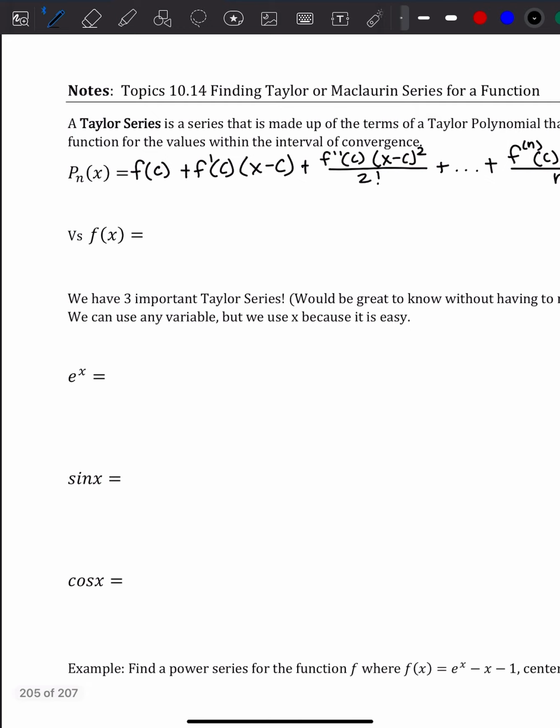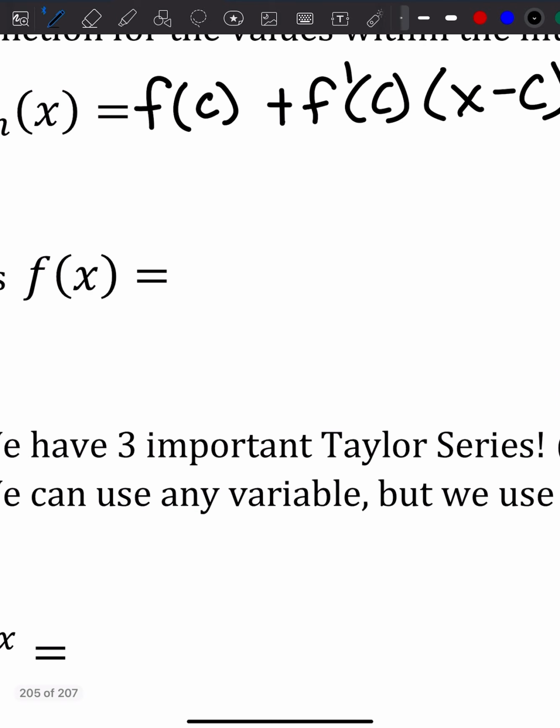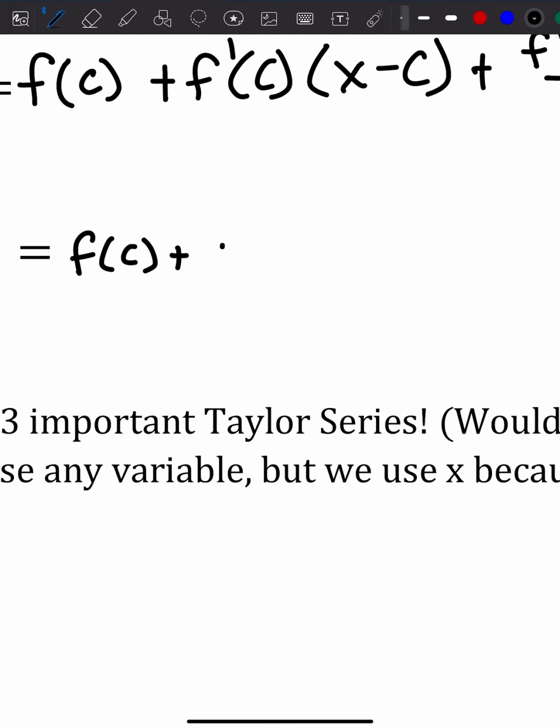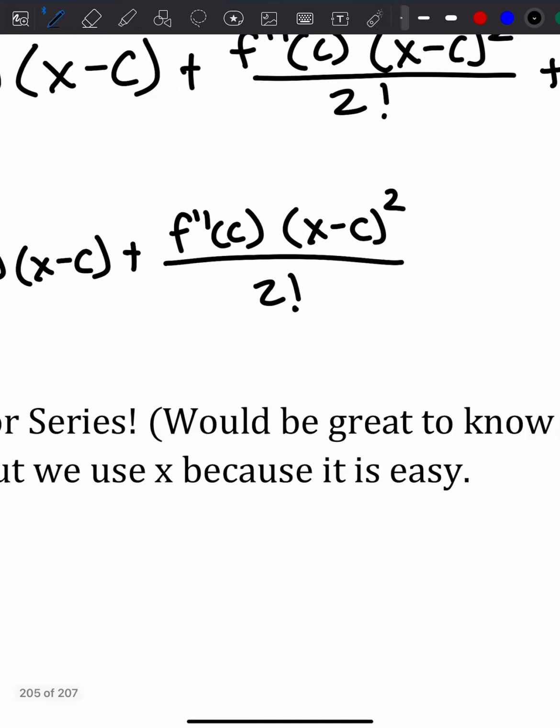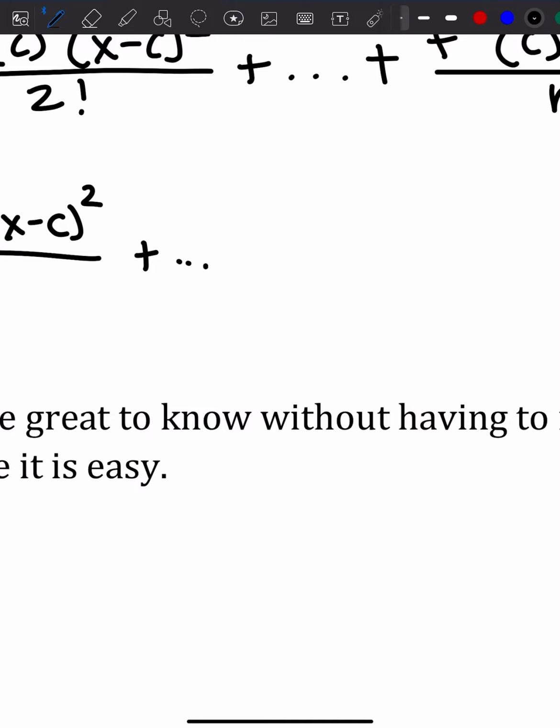It has an end. The Taylor series version of this is going to look exactly the same. We get f of c plus f prime of c times x minus c plus f double prime of c times x minus c squared over 2 factorial, all the way till we get to, oh, I don't want to use f's.